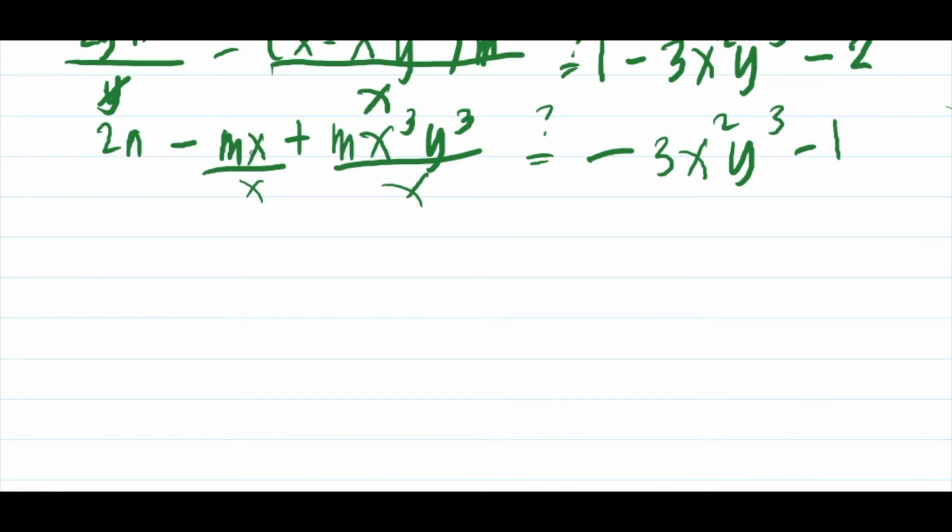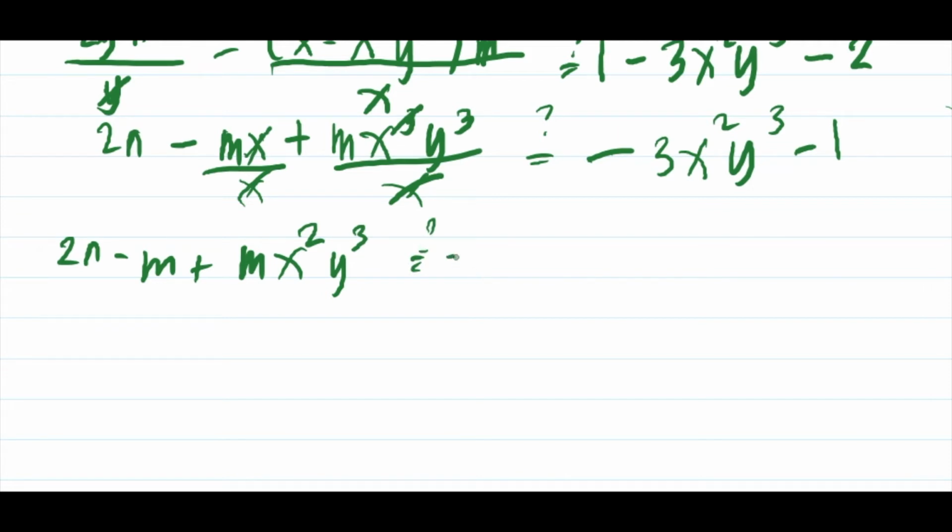Simplifying further, cancel out x and x, so this is 2n minus n plus m x squared y cubed, equal to negative 3x squared y cubed minus 1.